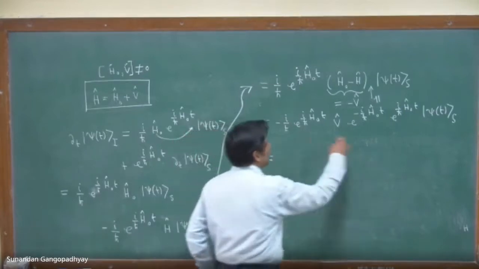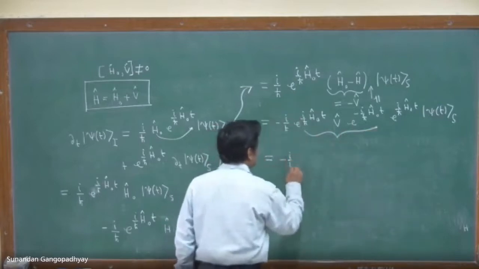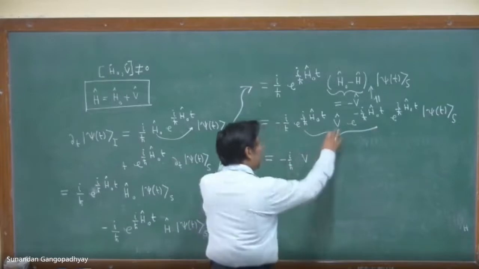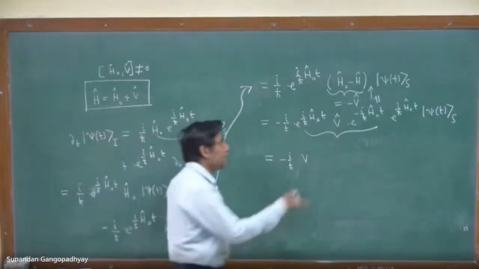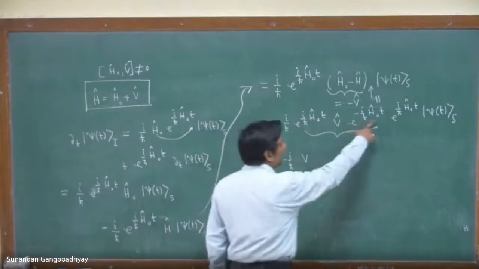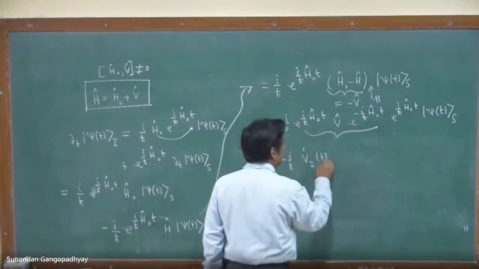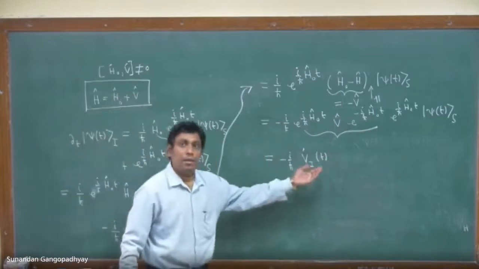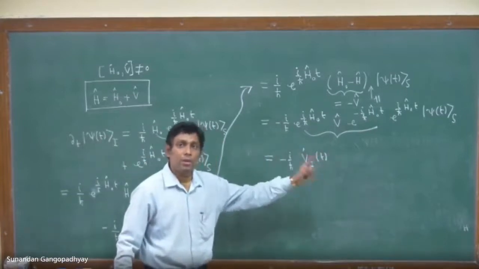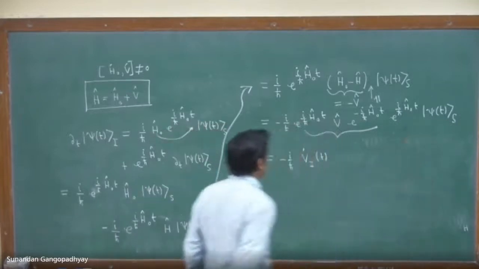See, this part is again by definition minus i by H bar. This is the interaction part of the Hamiltonian in the interaction picture, because you have these operators here. Therefore, this is V hat I t, which now becomes time dependent. And then we have this thing.